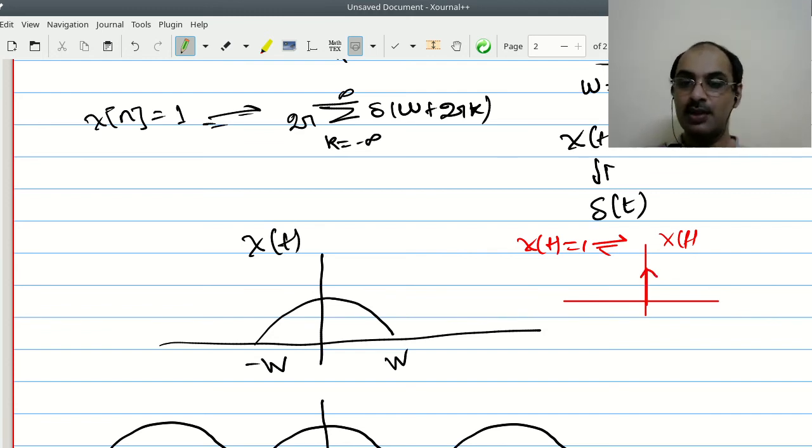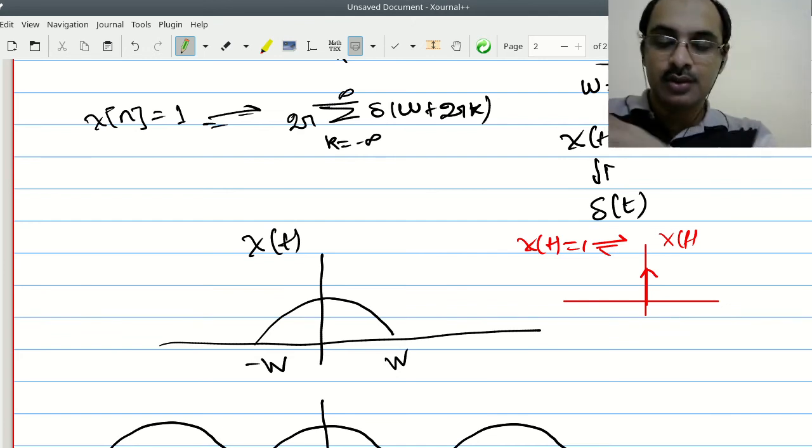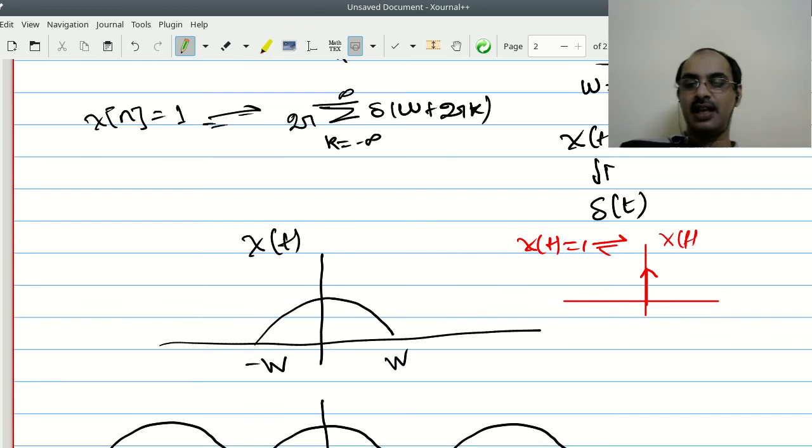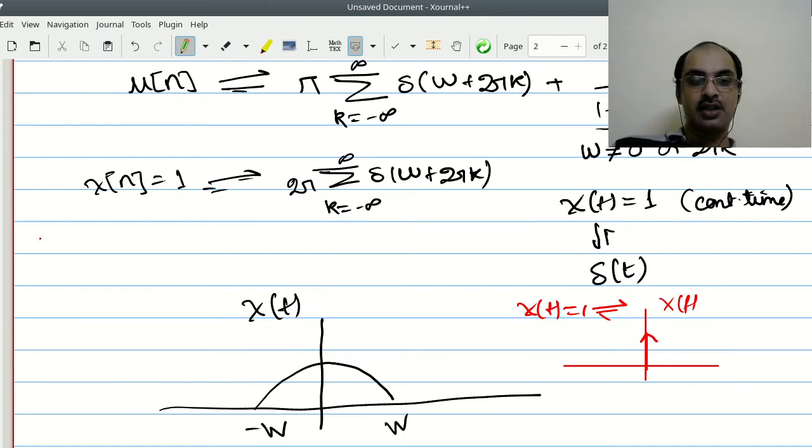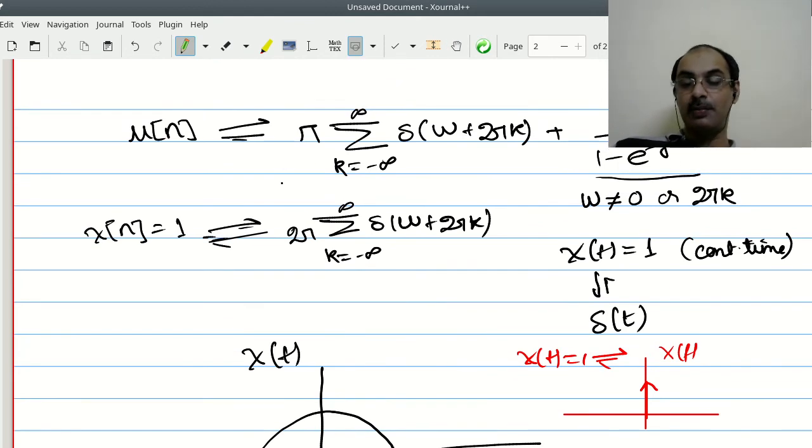So what happens when you sample the signal? This impulse gets repeated every 2 pi, and then you just have to scale it by 2 pi, of course. And then what about the x-axis? Minus fs by 2 becomes minus pi, plus fs by 2 becomes plus pi, and therefore this DTFT definition makes sense. Okay. Similarly, if you go through a similar argument for u of t, you will get this back.